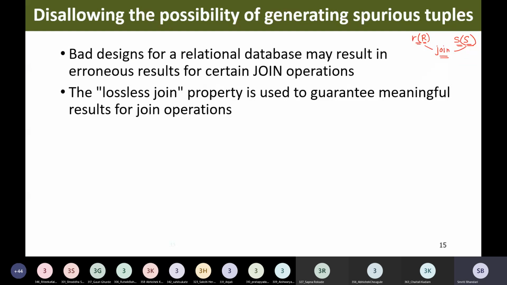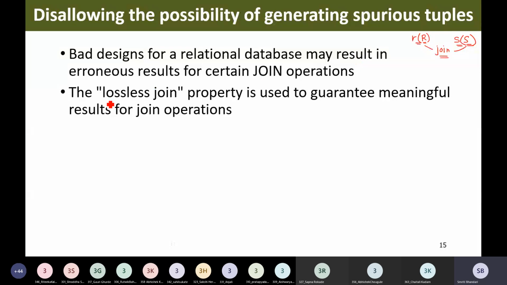So, to avoid this, while designing the databases, the lossless join property is used to guarantee that we are getting the meaningful results for any join operations.